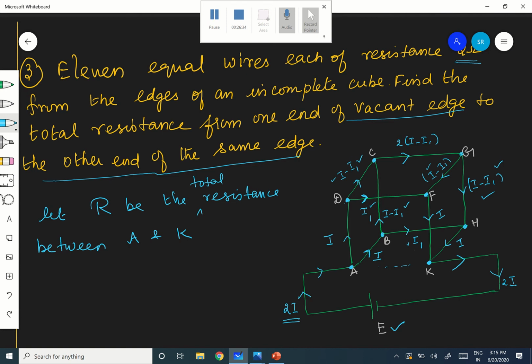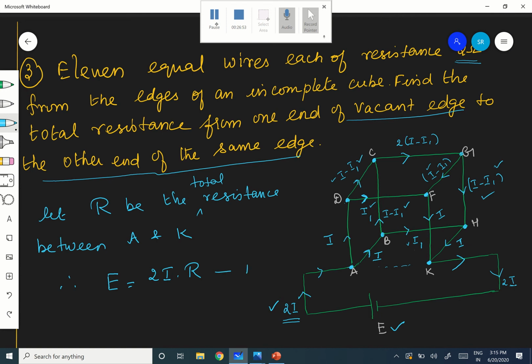E is the total EMF and the total current is 2I. Therefore, you can relate all three. V is equal to IR, therefore E is equal to I into R. What is I? 2I. So E equals 2I into R, where R is the total resistance.